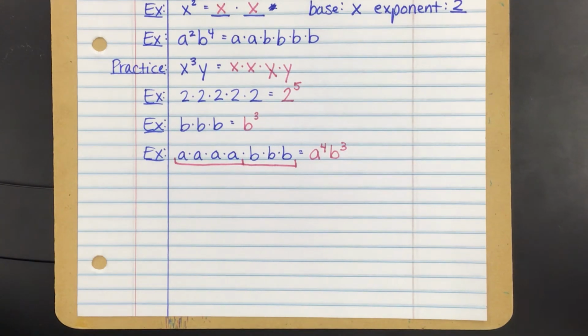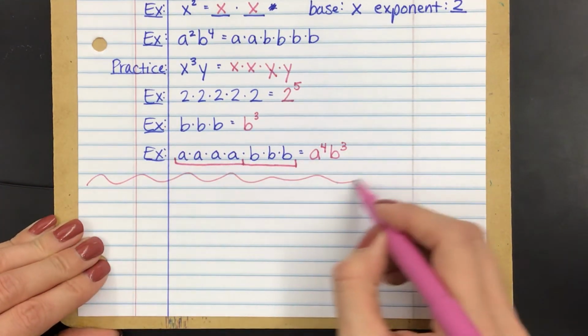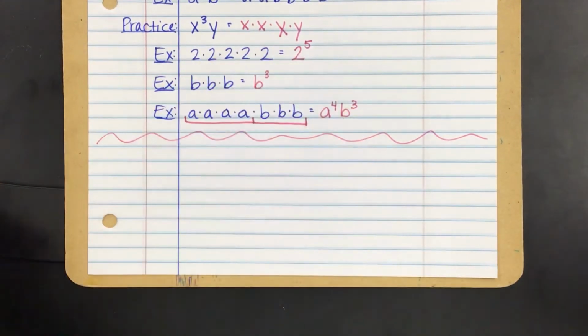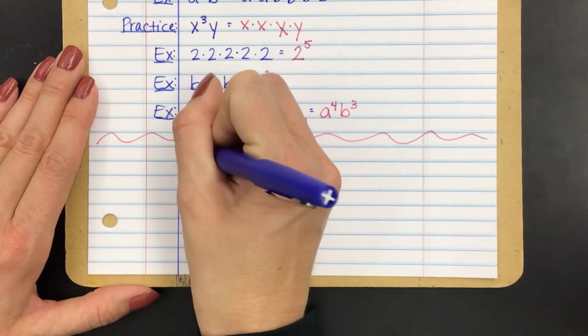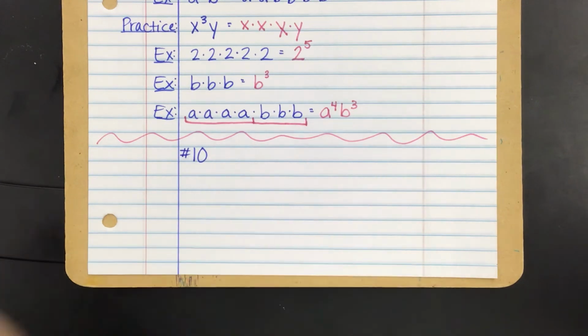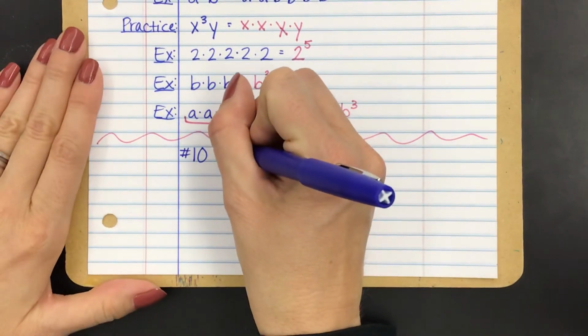So let's look at number 10. I'm going to just put a little line here, and I'm going to show you the work down below so you can see what it looks like in the answer checker. We're not copying this one on the paper. You should. Yeah, just so that you have it. Okay, so number 10 looks like this.